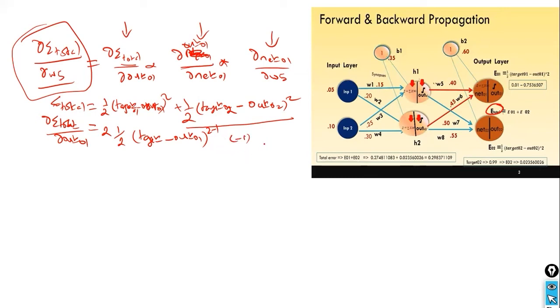Here this will get cancelled, and we have target o1 minus out o1. The target value is 0.01, as we have already seen, and out o1 is 0.75136.